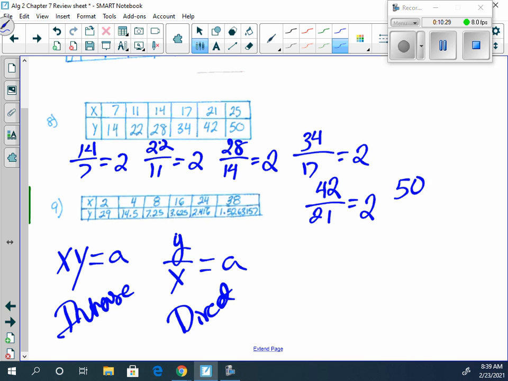And last but not least, 50 divided by 25 is still 2. So because we got the same value out of each and every single one when we divided y by its x value, we got 2 every single time, it means that this here is direct. This is a direct variation.